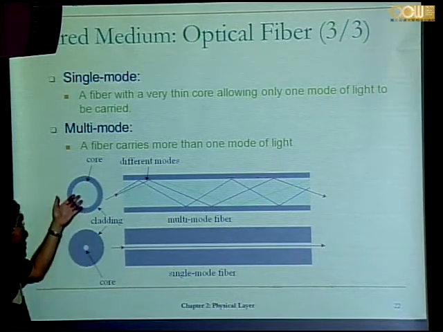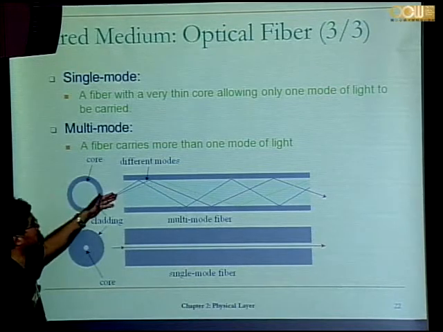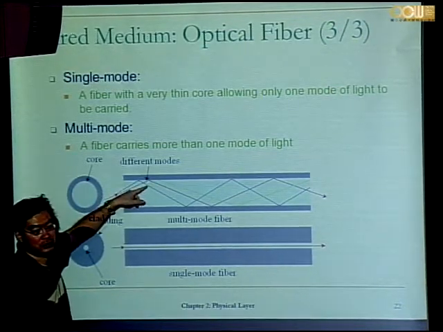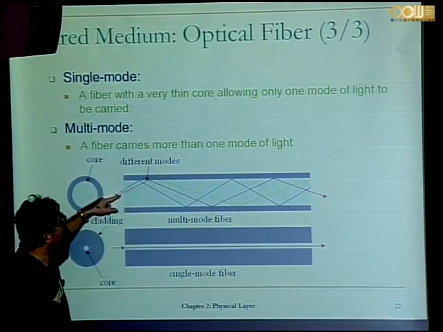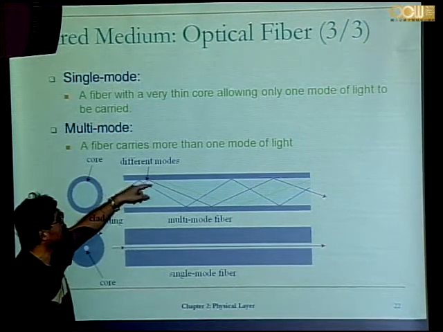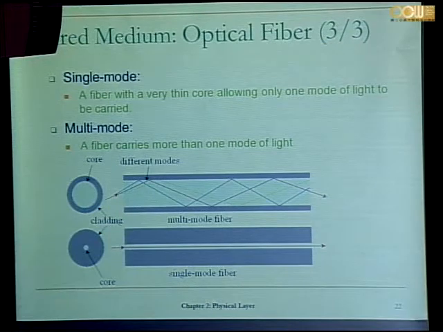If this is called multimode, the reason it's called multimode is because you would have light traveling in different angles. So the red line with this angle and the blue line in this angle, and each angle will represent one mode. So you have multimode, and each of them is having internal refraction within the core.